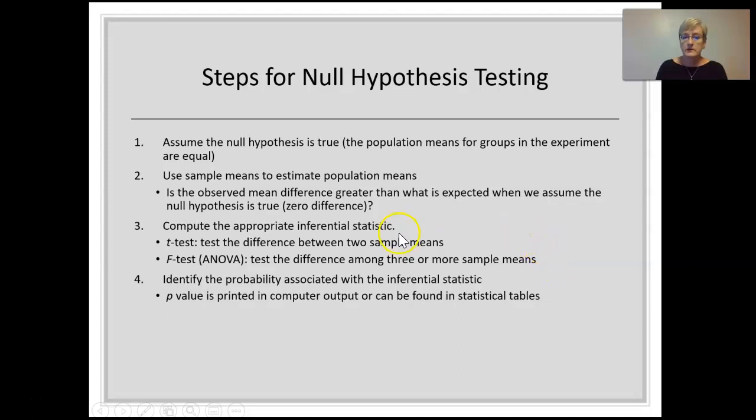After you've computed the appropriate statistic, so once you know how many conditions you have, then you choose the appropriate statistic. Once you've done that, you're going to identify a probability level that is associated with that statistic. Now, SPSS and other statistics packages basically do this math for you.